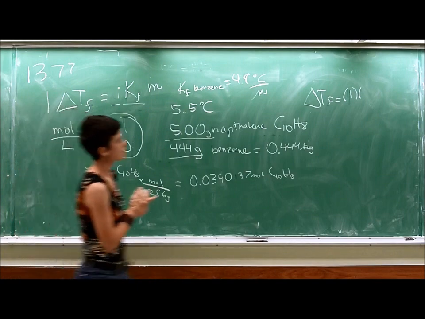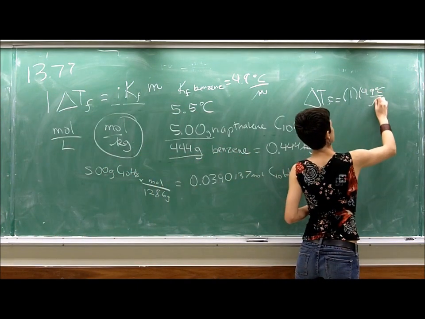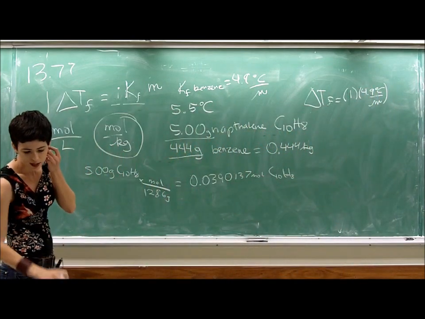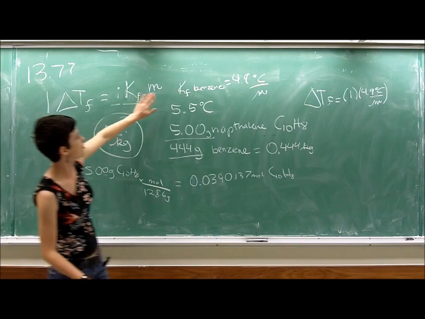Go ahead and put that in here. 4.9 degrees Celsius per molality, times our molality.